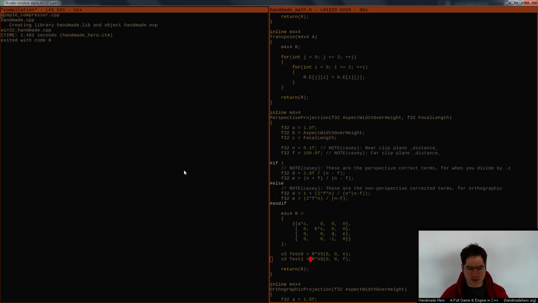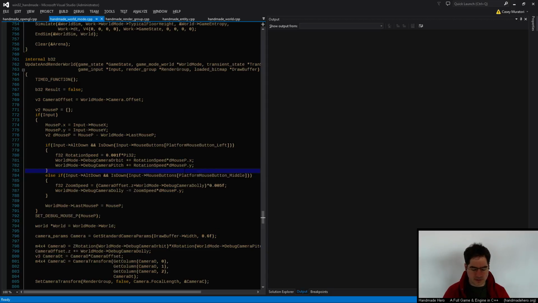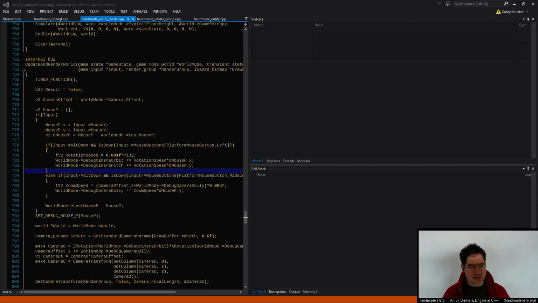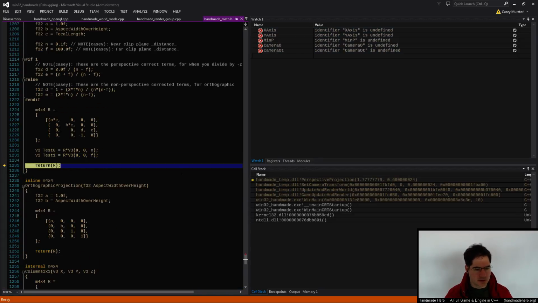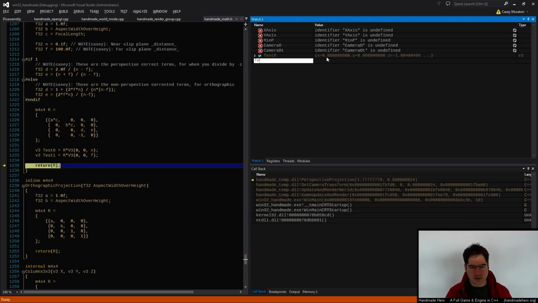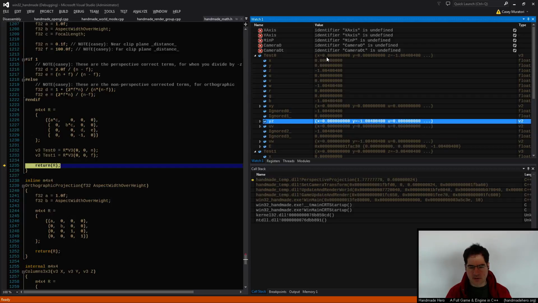We'll just set a breakpoint there manually by the function name. So going in here, here's us creating the matrix. And let's take a look at what we get when we do these test multiplications. So here's test 0, here's test 1, and let's see what's coming out of those.